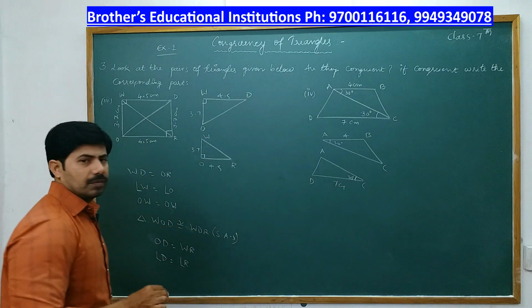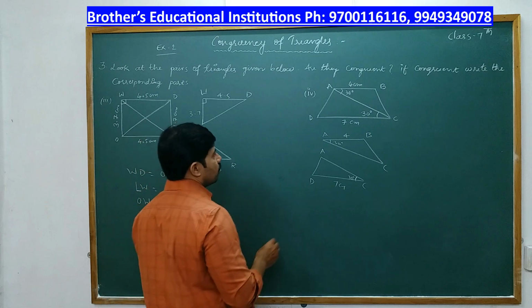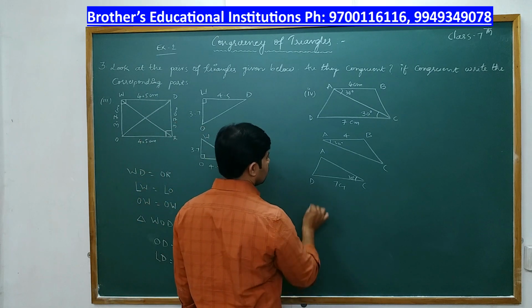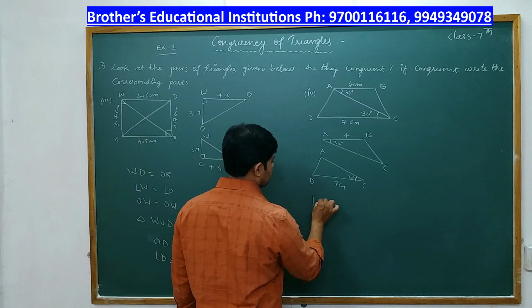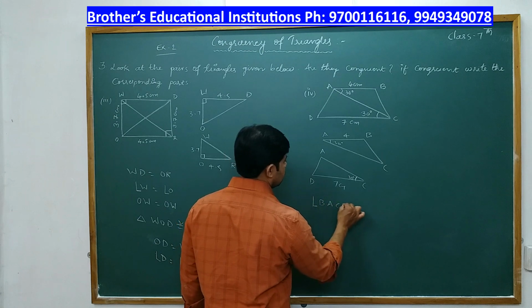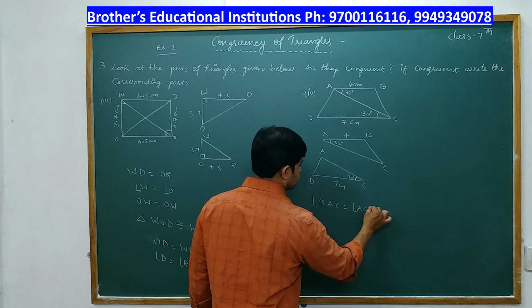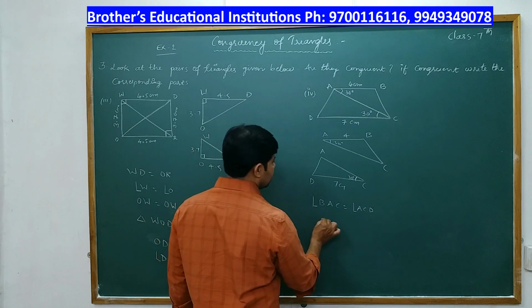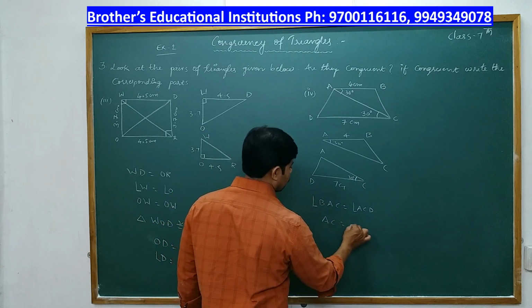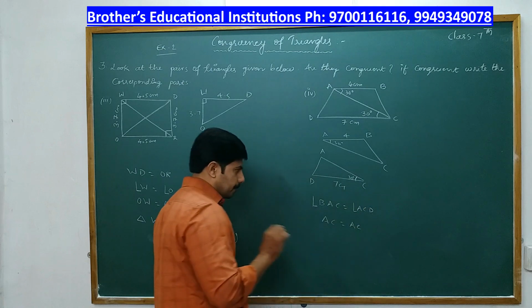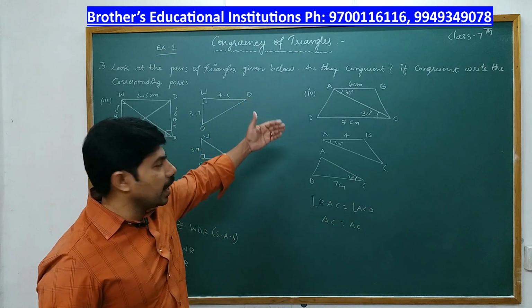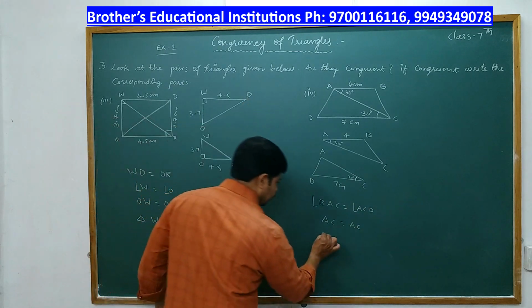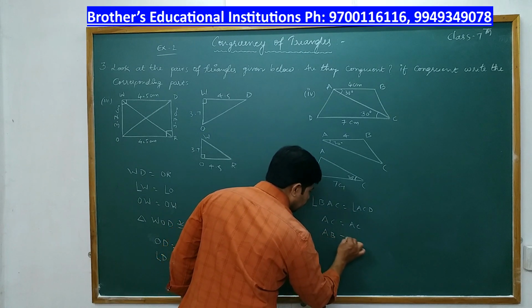So here we write like this. First, the included angles are equal, that is we say angle BAC is equal to angle ACD. Then AC is a common side, but AB and DC are not equal because of the different measurements.